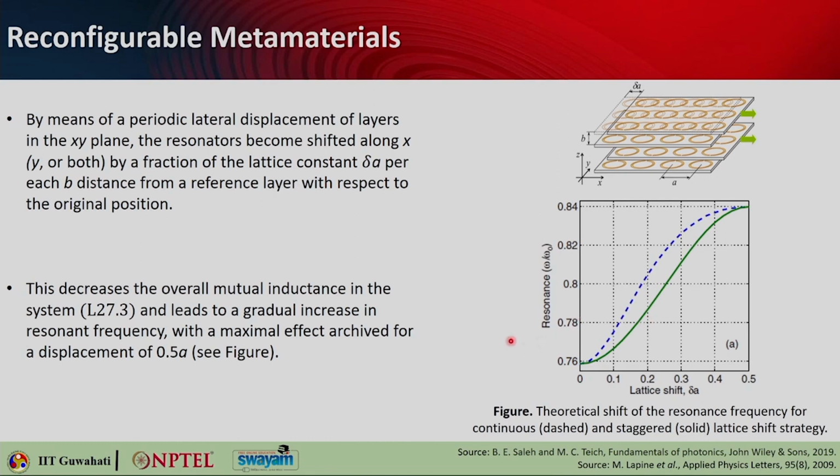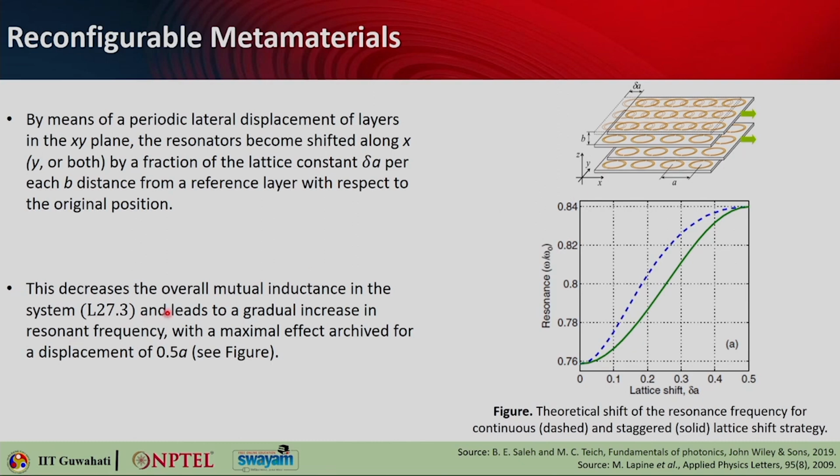So, how does it happen? When you actually move it, the shifting will take the resonator away from the axis. Initially they were all aligned, you can assume, and then you are sliding one of these intermediate layers, so that actually moves out.